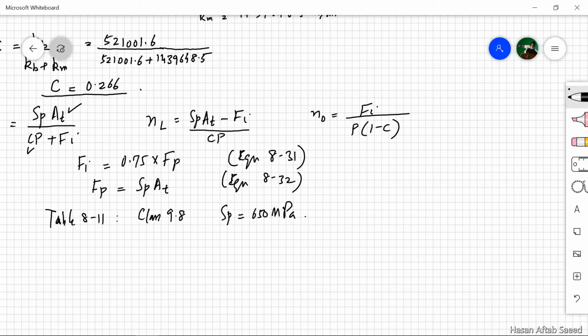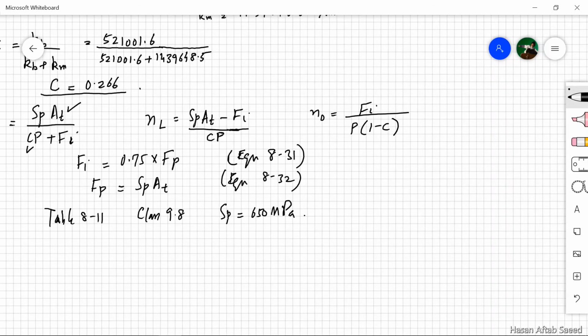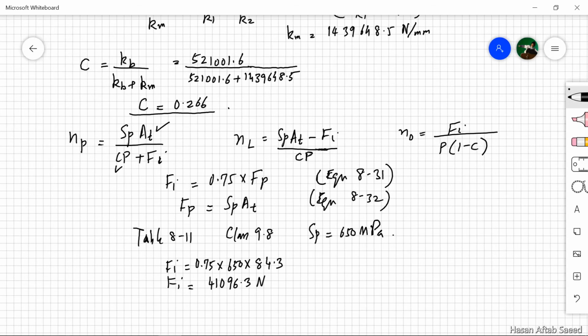Now if it's 650 MPa, AT we already know. Putting in the values, Fi becomes 0.75 into 650 into 84.3, which is 41096.3 Newton. This is the value of Fi, which means that now we know this Fi.